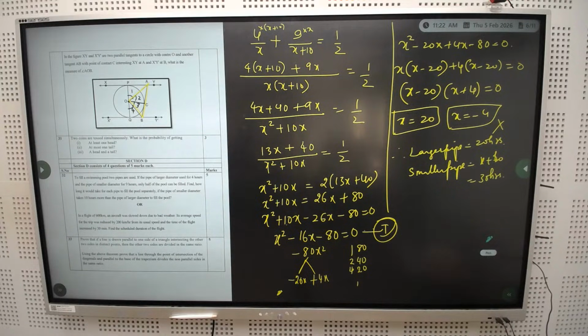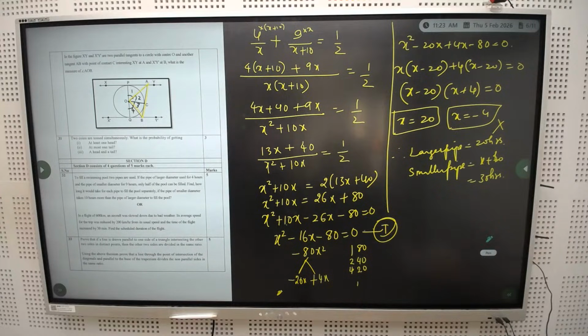You complete this, then I will tell you how to go for the formula method. What will be the unit? Hours. Okay.